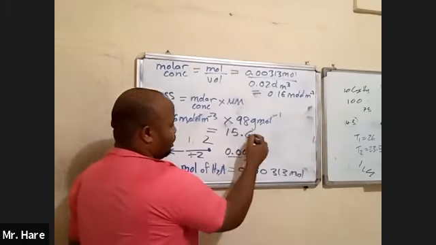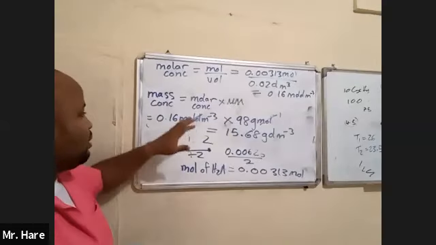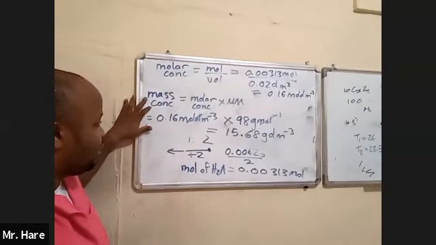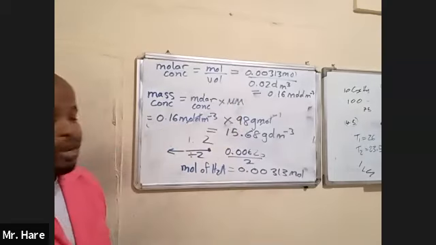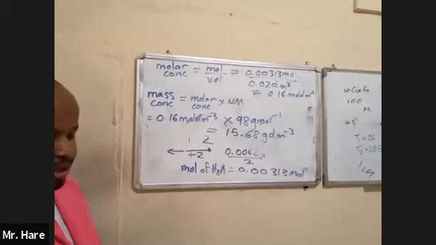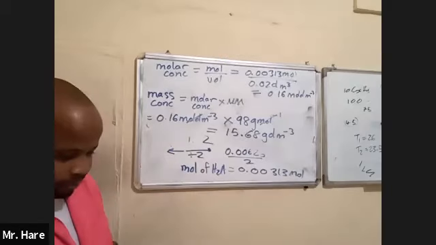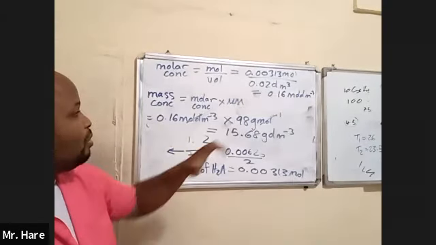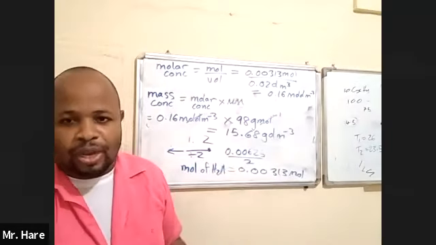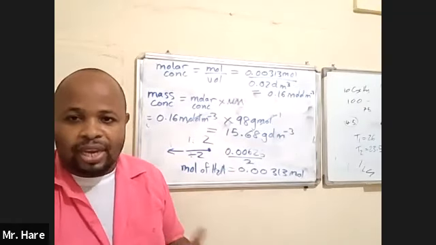All right, so if you are doing a titration and they ask you for mass concentration, just multiply the molar concentration that you get by the molar mass of the compound. Which compound? In this case, it was H2A, but we don't know what A is.